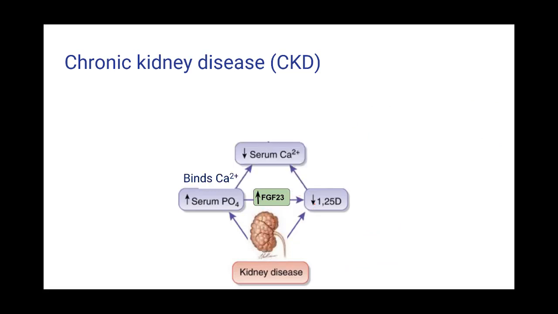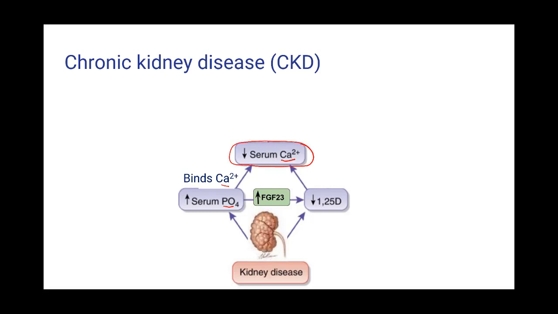Now, the 1,25 dihydroxyvitamin D, as we have reviewed, it brings about calcium reabsorption from the gut. So if there's less calcitriol, there's going to be less calcium being reabsorbed. Also, some of the high phosphorus in the blood is going to bind the calcium, that ultimately leads to a low serum calcium level.